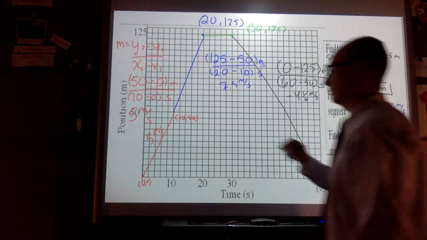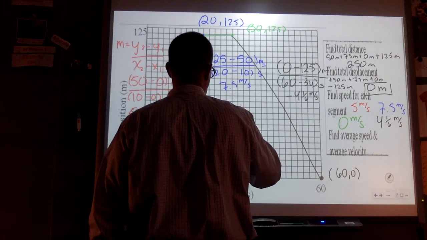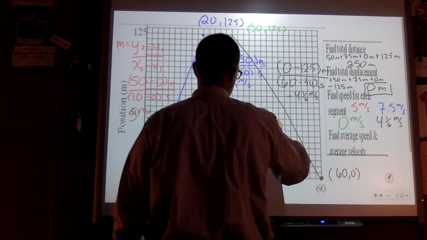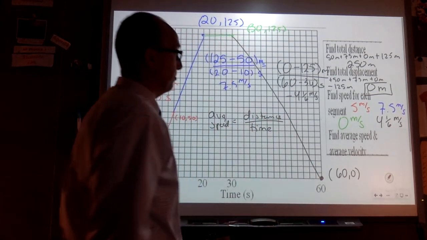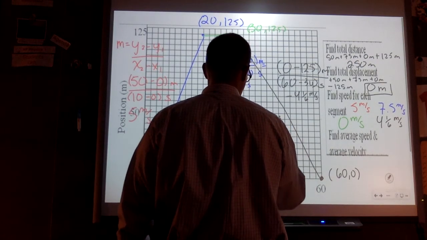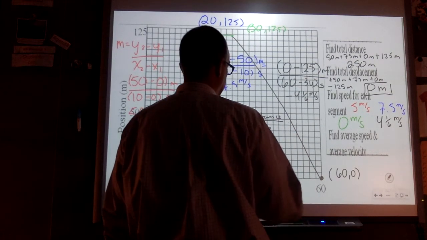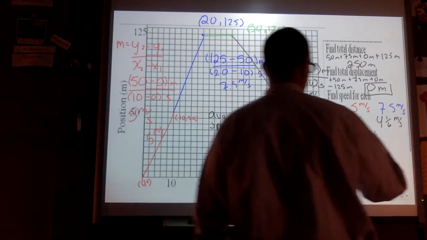Average speed, that's just going to be the distance over time. So in this case, we said he went 250 meters over 60 seconds. So this is just 4 1/6.